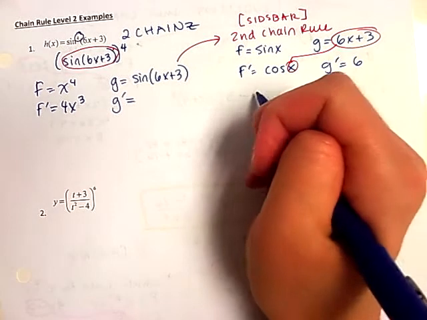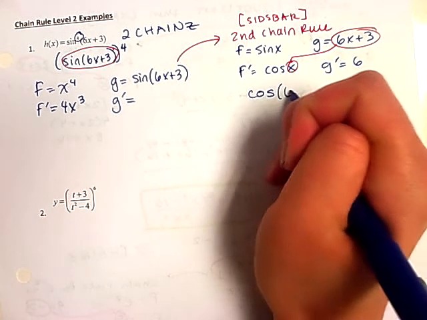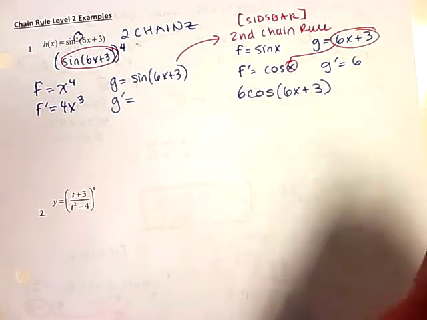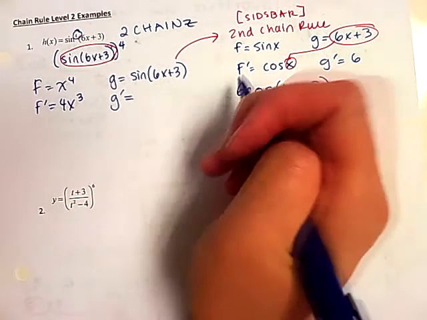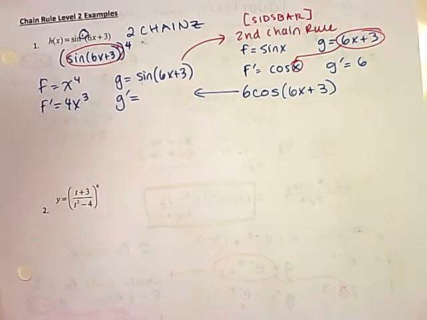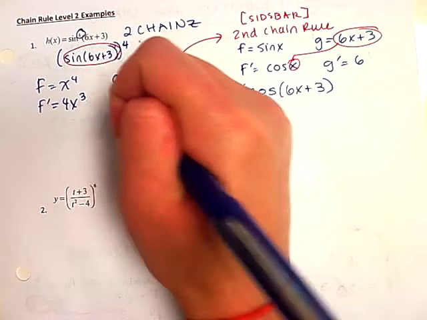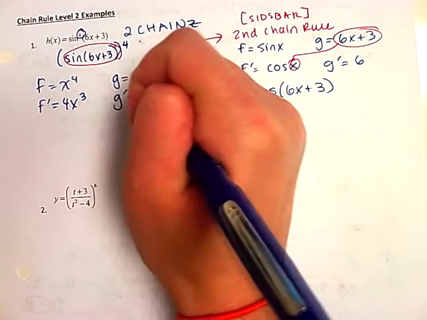So I'm going to get cosine of 6x plus 3 times 6. Might as well just put that 6 out front. So this here goes in that spot for g prime, right? So that is my g prime in my other chain rule problem.